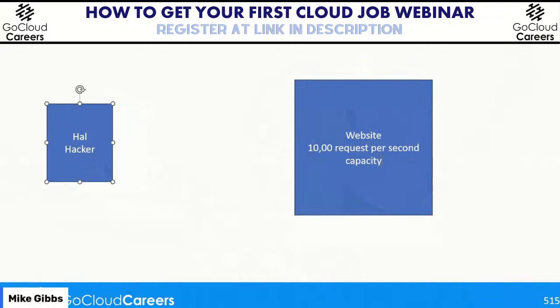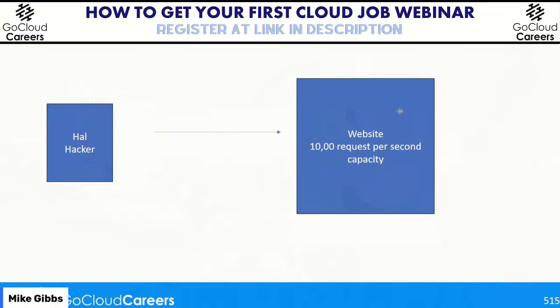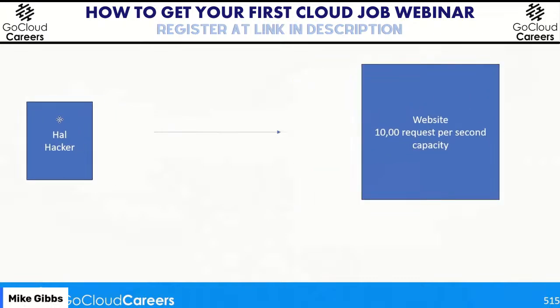So what Hal the Hacker does is he launches 20,000 requests per second. But the website can only handle 10,000. So what happens is the website is so busy dealing with Hal the Hacker that it can't serve its real customers. That's a denial of service attack.